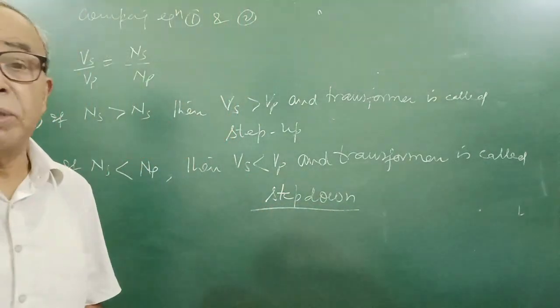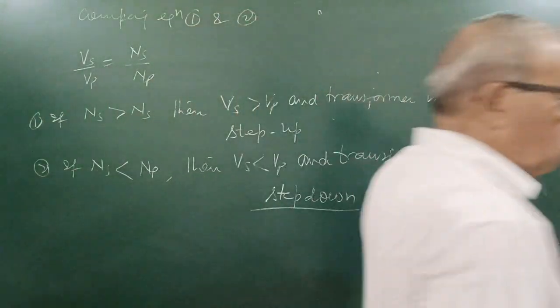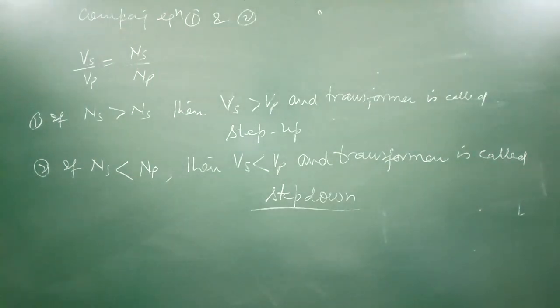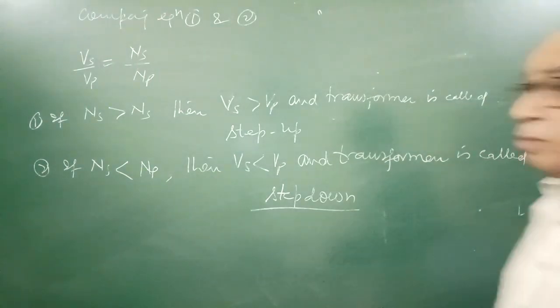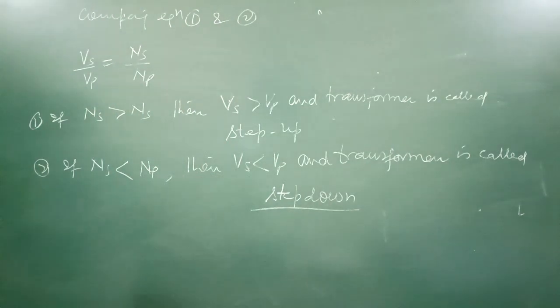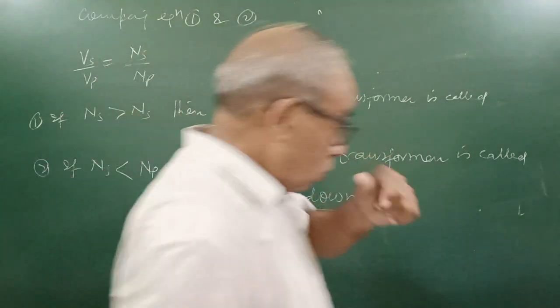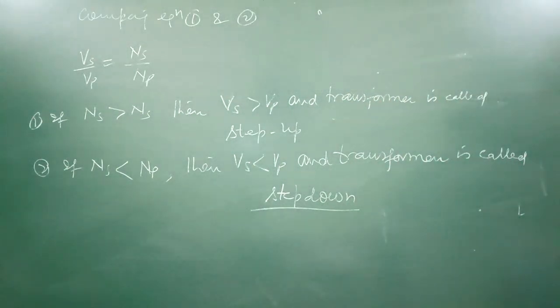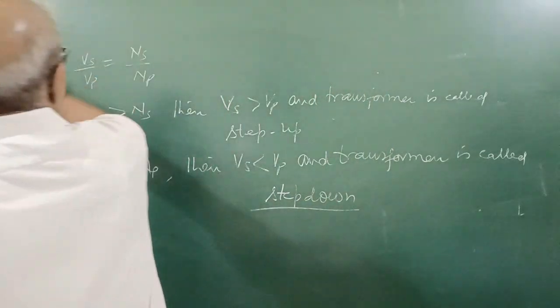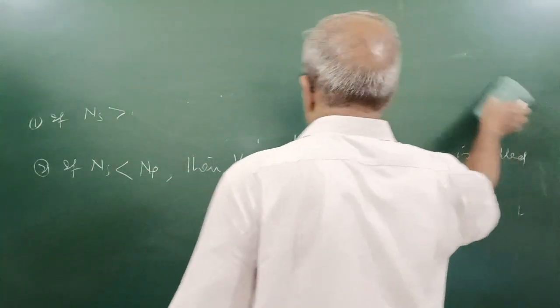So these are two types of transformer, step up and step down. But remember, a transformer transforms low voltage into high and high into low voltage. It does not generate power.